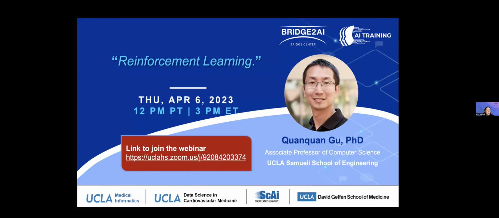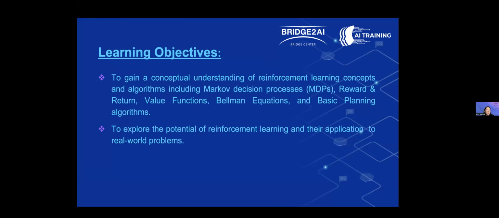His research area concerns by and large machine learning with the focus on non-convex optimization, deep learning, and reinforcement learning. Today, he will introduce fundamental reinforcement learning concepts and algorithms, including Markov decision processes, rewards and return, value functions, Bellman equations, and basic planning algorithms, as well as potential applications of reinforcement learning. Without any further delay, I would hand over to Professor Quanquan Gu to start his lecture.